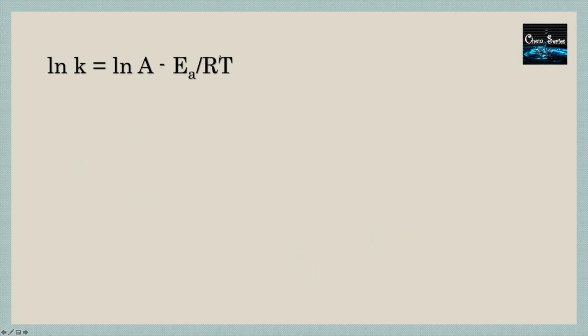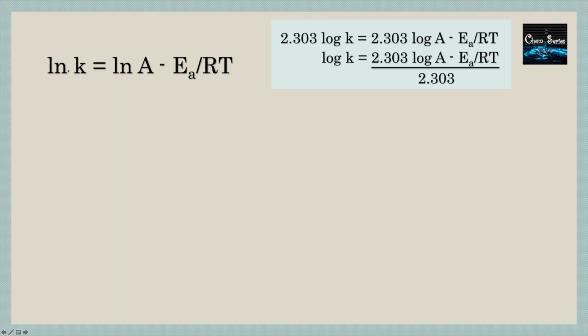Okay. So you know how to derive this equation, right? Now let us convert this ln equation, ln k and ln A, into log k equal to log A minus Ea by RT. For that, we multiply each ln term by 2.303.